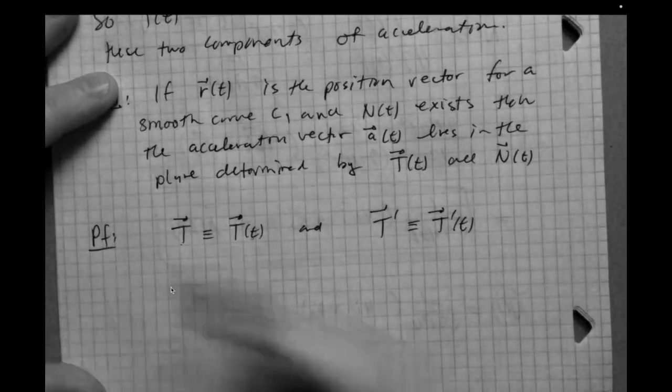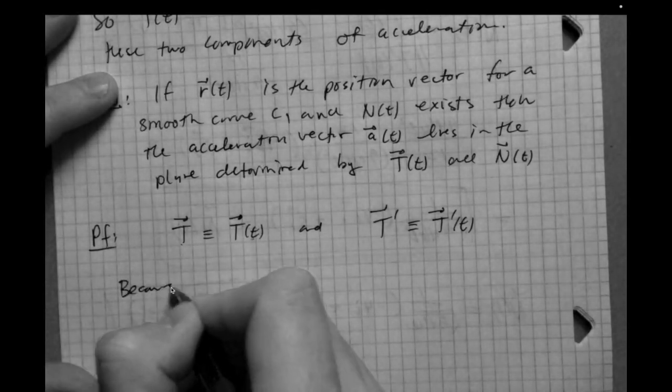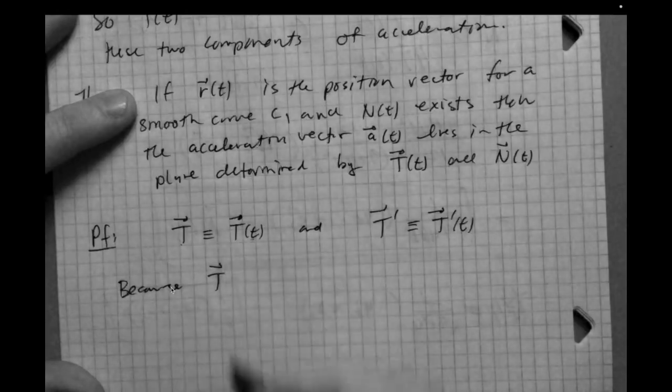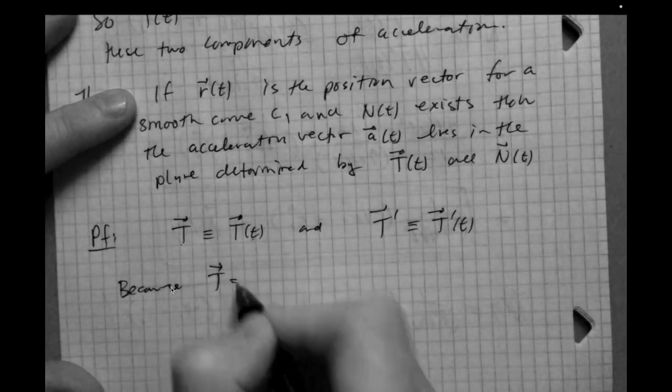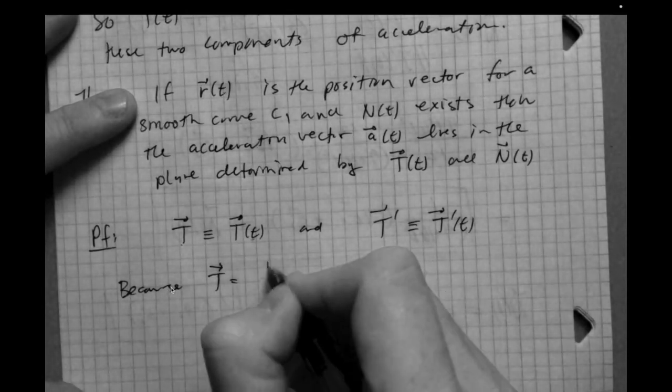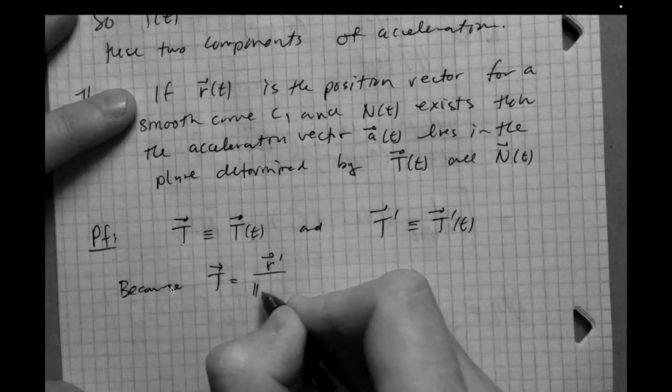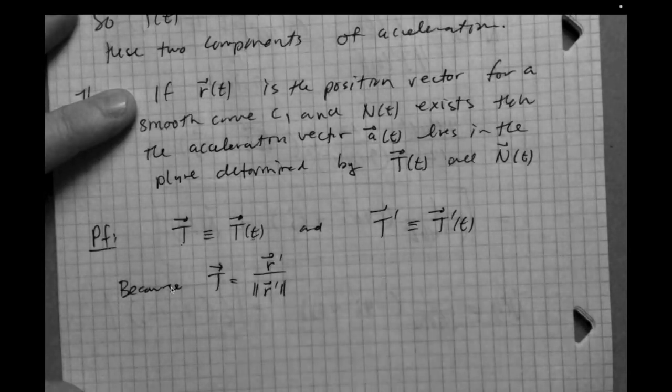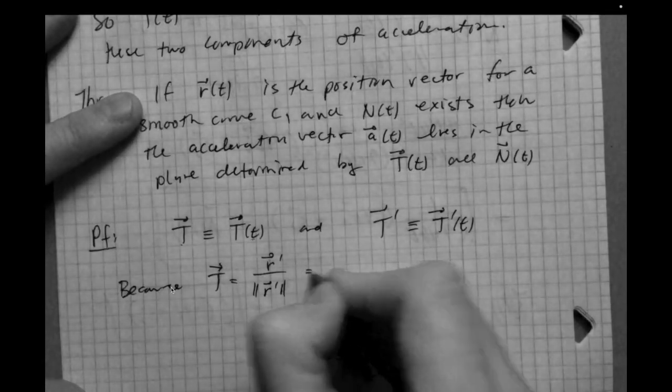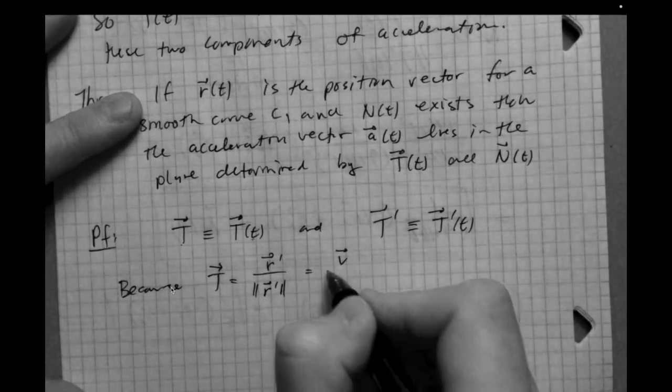Okay. So here's what we got. We'll start this off like this. Because T, we know where we got that, that was the derivative of r divided by the norm of the derivative of r. We know that that's equal to the velocity divided by its norm.